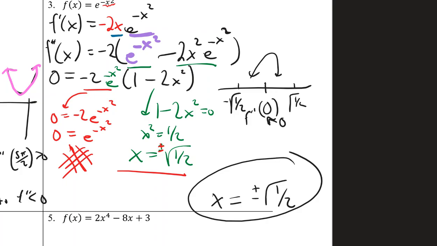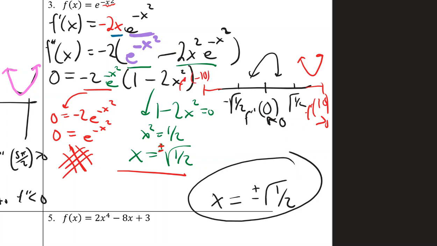Pick something bigger than the square root of a half. It can be anything. So if you're not sure how big the square root of a half is, pick something like 10. Pick something that's obviously bigger. And then plug that into the second derivative. Negative, positive, negative is positive, so concave up. And then test over here, like maybe negative 10 into the second derivative.